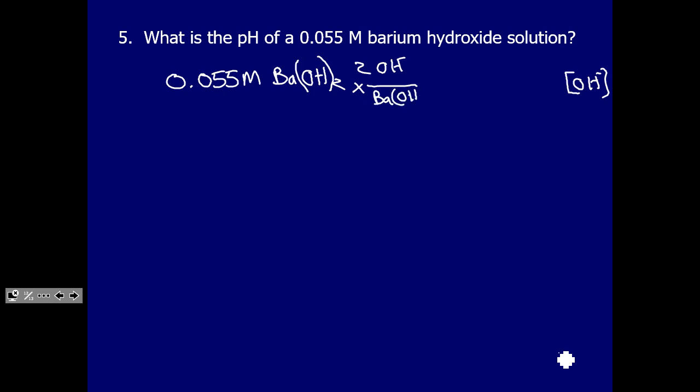Somebody asked me yesterday, why do I write it that way? I write it that way because I think of it like canceling out common factors. If I write the fact that there's 2 OHs in each barium hydroxide, now I'm not worried about barium hydroxides anymore. They cancel away like a common factor. And now I just have hydroxides.